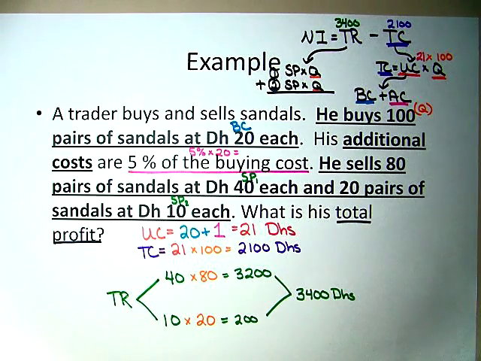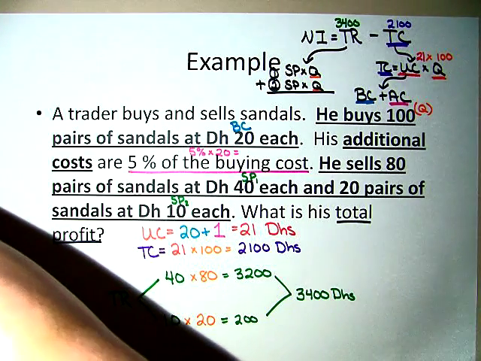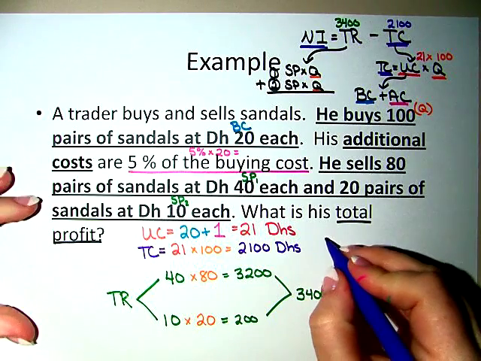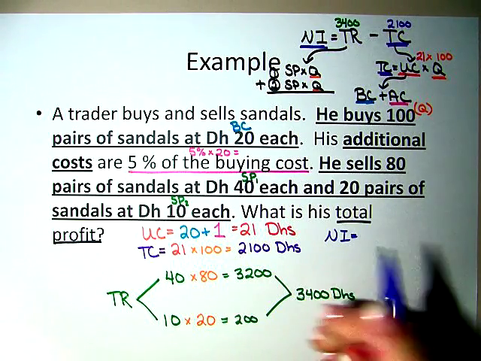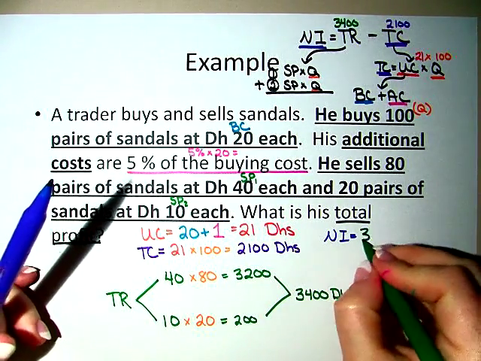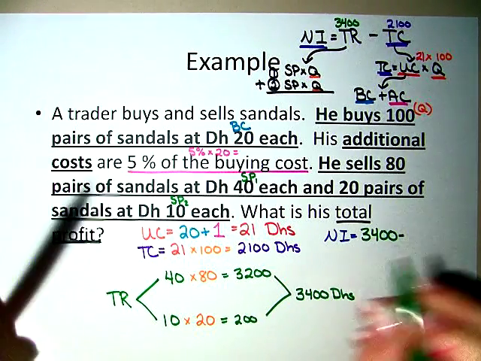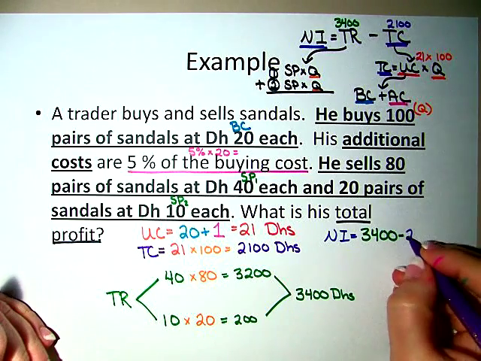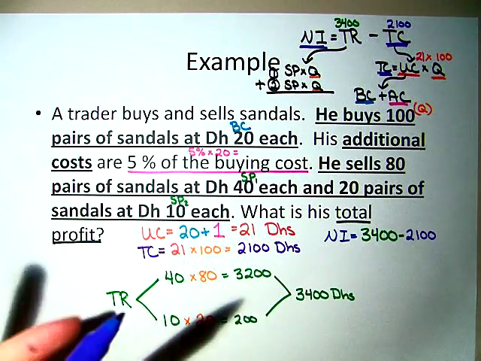So to figure out my net income, okay, my net income is 3,400 minus 2,100.